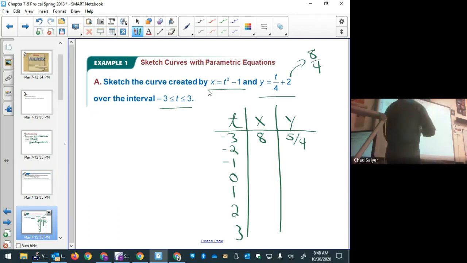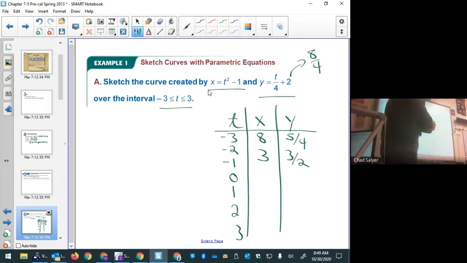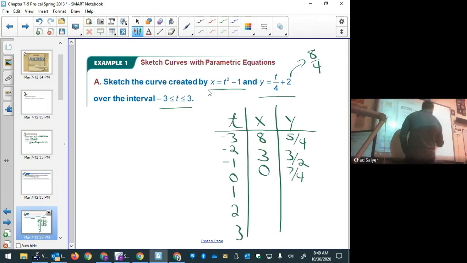And then -2 squared is 4, minus 1 is 3 for the x. For the y, -2 over 4 plus 8 over 4 is 6 over 4, or 3/2. -1 squared is 1, minus 1 is 0. And then -1 over 4 plus 8 over 4 is 7/4. 0 squared minus 1 is -1.